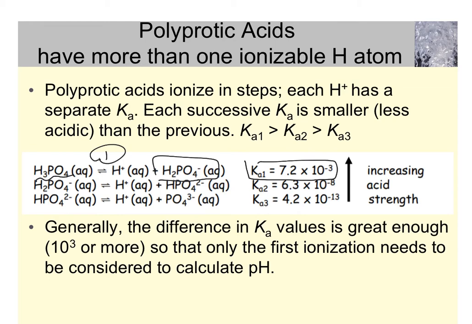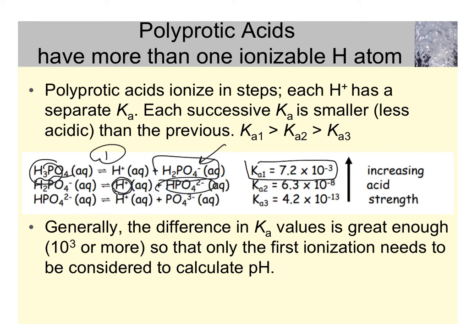And then taking off the second acidic hydrogen, which, as you can imagine, is more difficult to do, right? The conjugate base of phosphoric acid has a negative charge, and so it's going to be a bit more resistant to giving up yet another acidic hydrogen to take on a negative 2 charge.